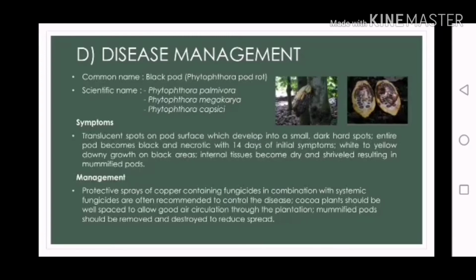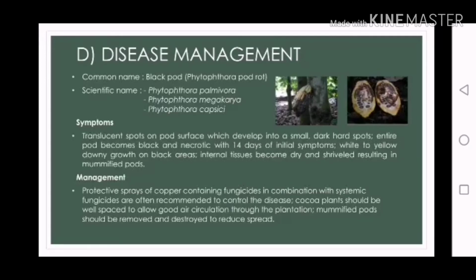The symptom we can see is a translucent spot on the pod surface which develops into small dark hard spots, and the entire pod becomes black and necrotic within 14 days of initial symptom, just like in the picture. And we also have a white to yellow downy growth on the black areas. Internal tissue becomes dry and shriveled, resulting in mummified pods.